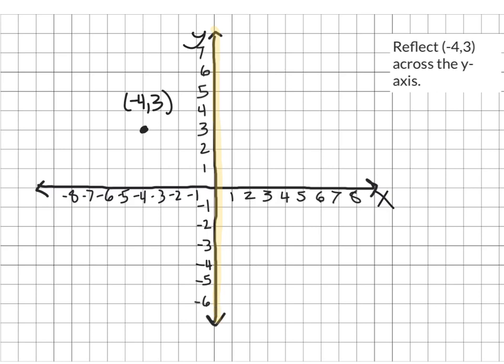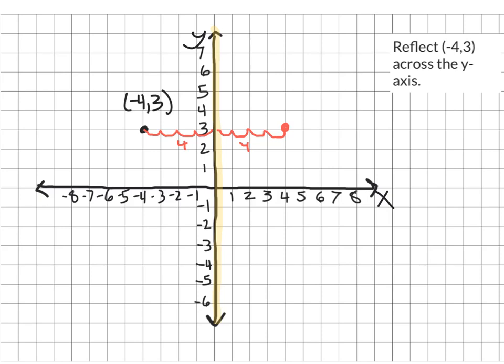So that means that my new point needs to be the same distance away on the other side of the y-axis. So if it's 1, 2, 3, 4 points over here, then it's going to be 1, 2, 3, 4 points on the other side for my new point.